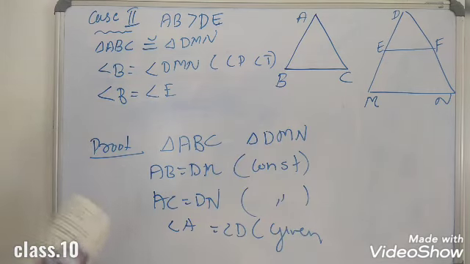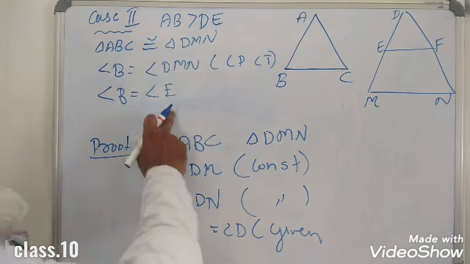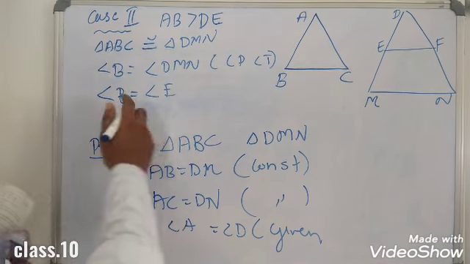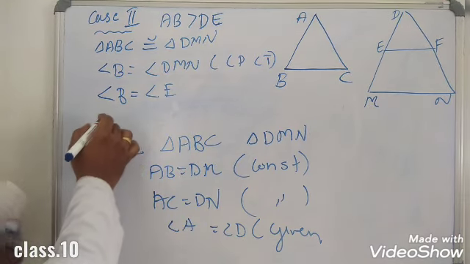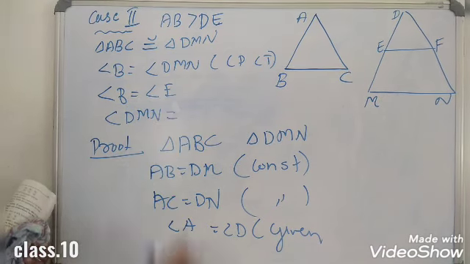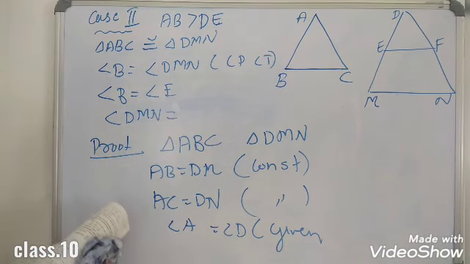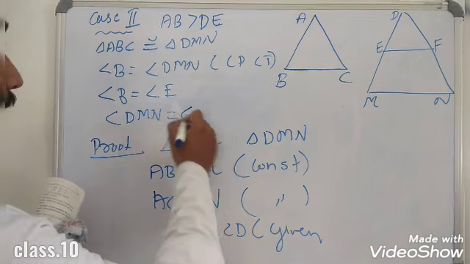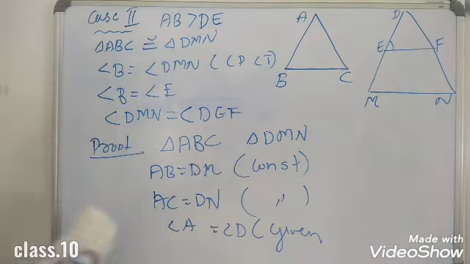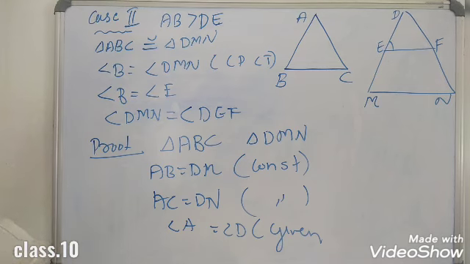Angle B is equal to angle DMN. So angle DMN is equal to angle E. Therefore, angle DMN is equal to angle DEF. Angle E means this angle.